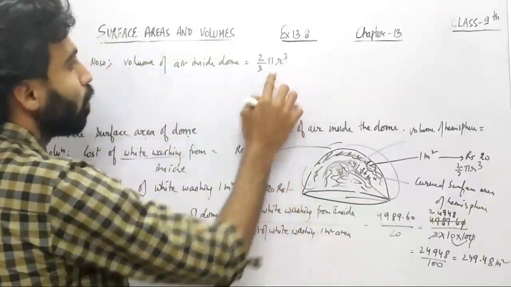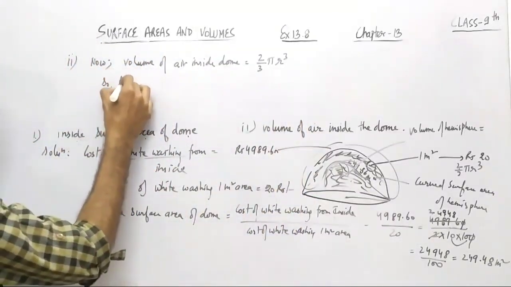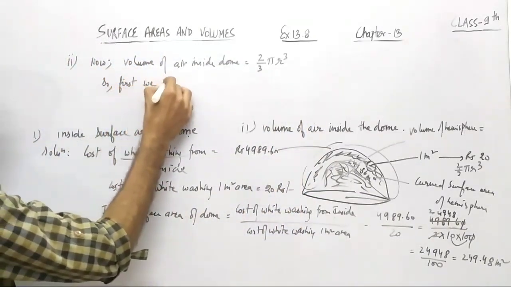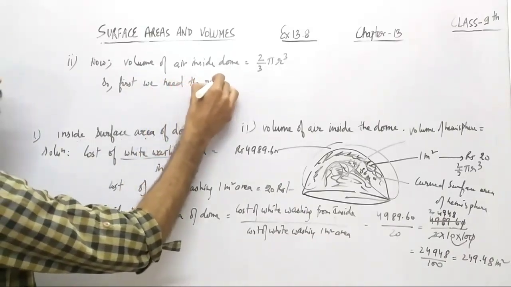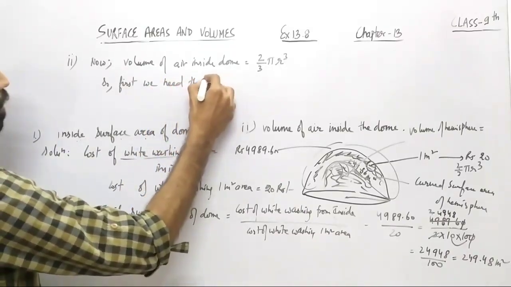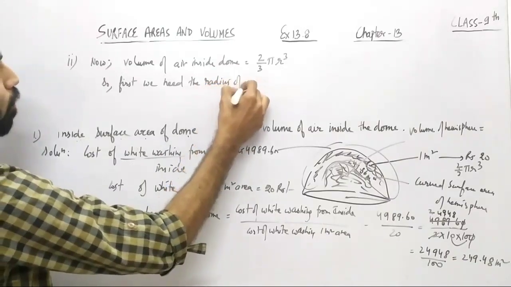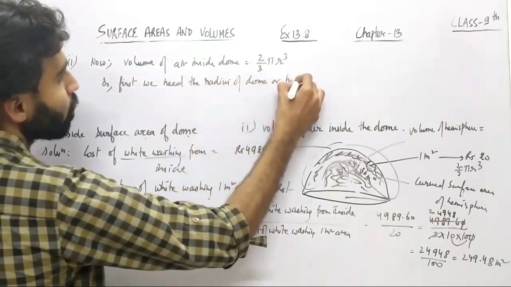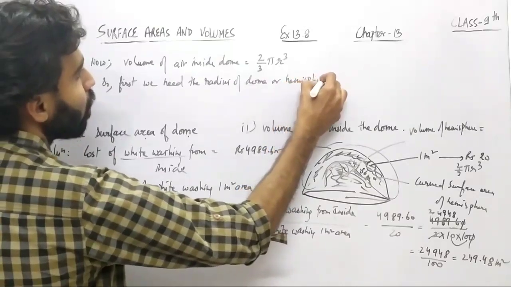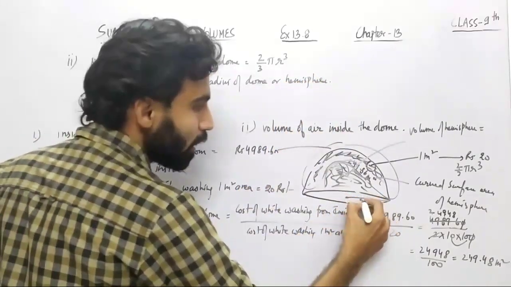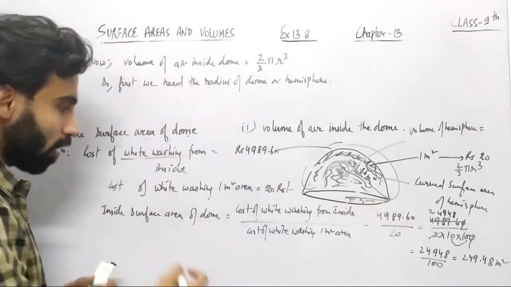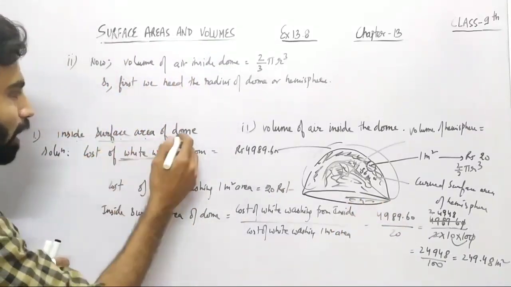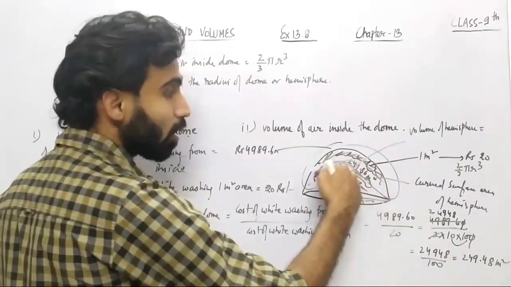So let me just tell you. First we need the radius of the dome, or you can say hemisphere. So how will we find the radius? In the first part we found the inner curved surface area, right?